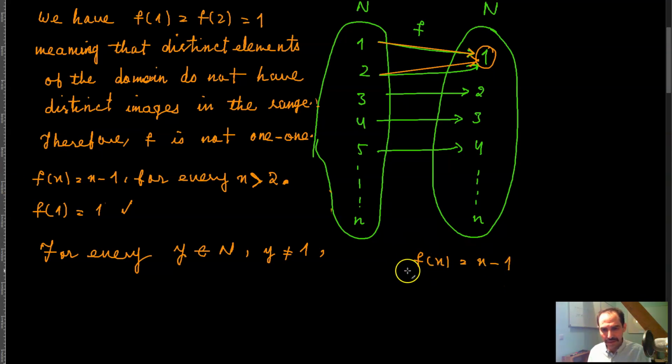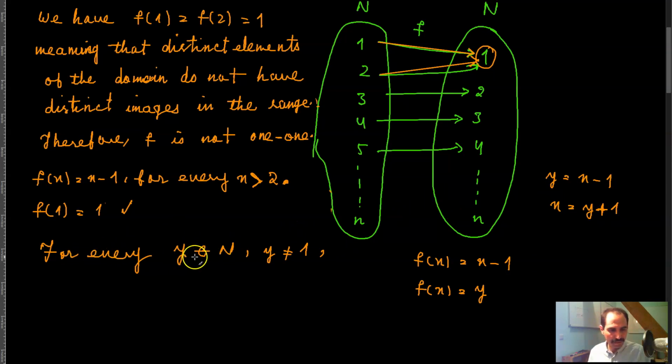If I take f of x as y, then y is equal to x minus 1, right? And so I can calculate x in terms of y, meaning that I can write x as y plus 1.